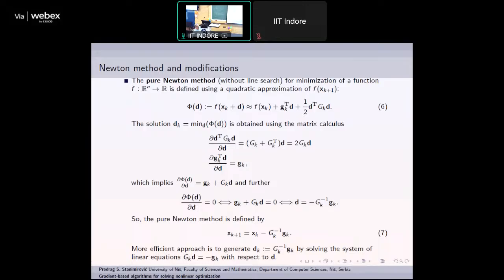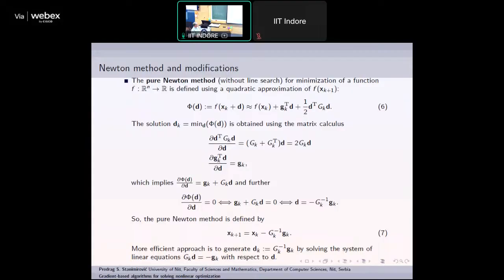Newton method for nonlinear optimization is the next method which we will explain. Newton method for nonlinear optimization is obtained using second order Taylor development of the goal function with respect to D, to direction. Second order Taylor expansion for a multivariate function is defined in this way.